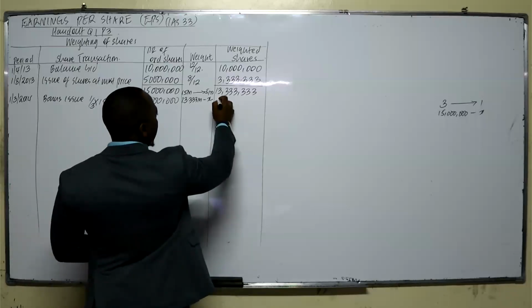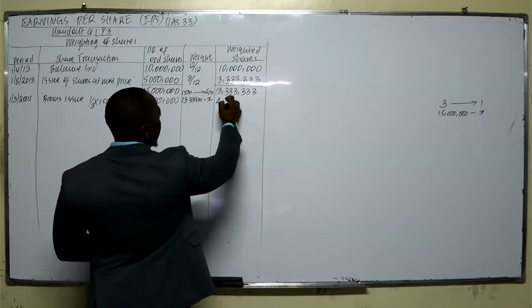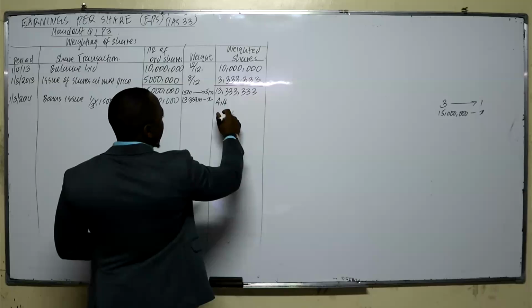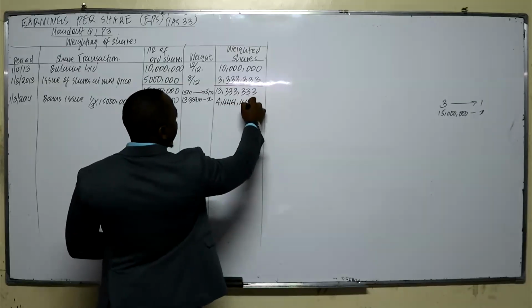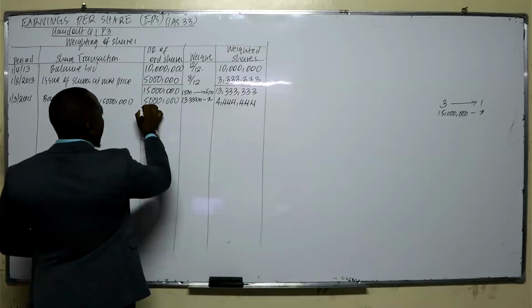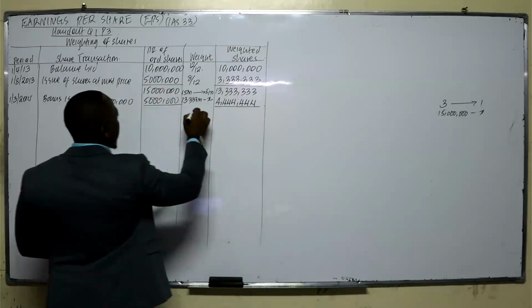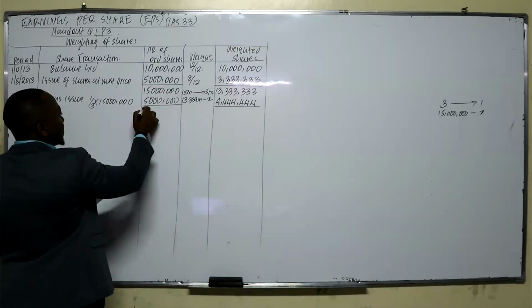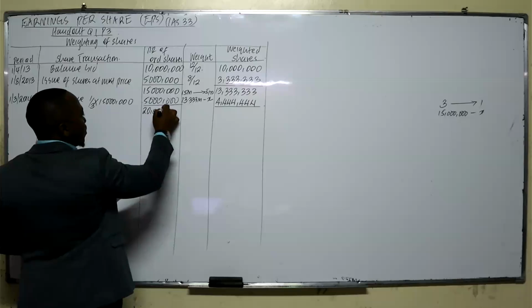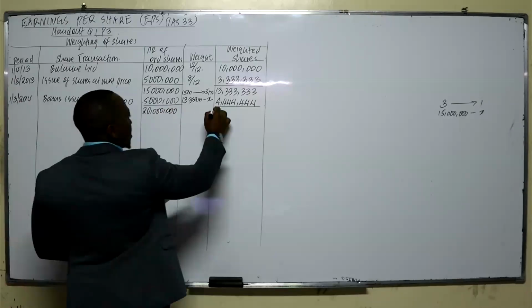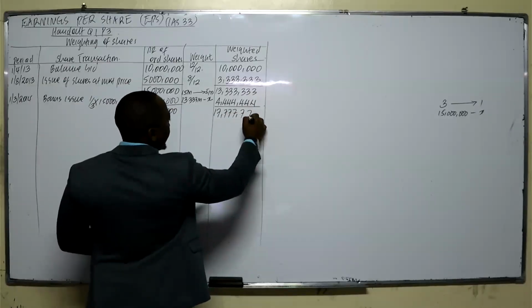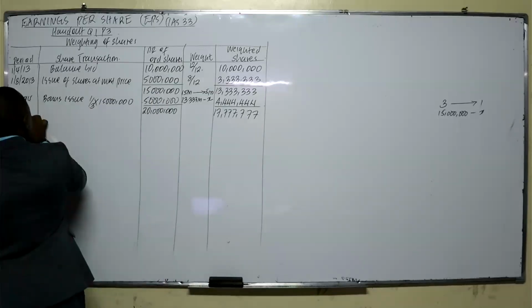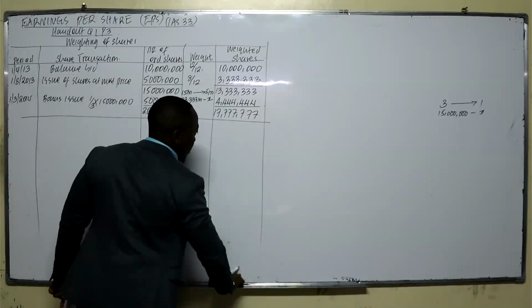You get 4.444 million. Good. Then after every share transaction you sum up: 15 plus 5, the number of issued shares is 20 million, but those deemed weighted are 17.7 million recurring. And we are done weighting.